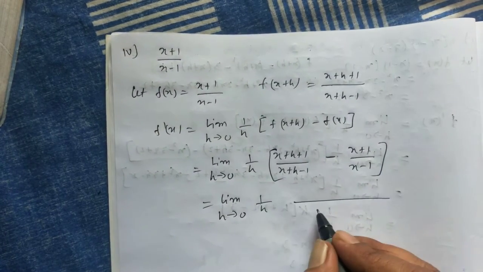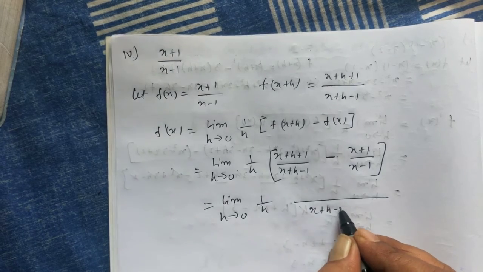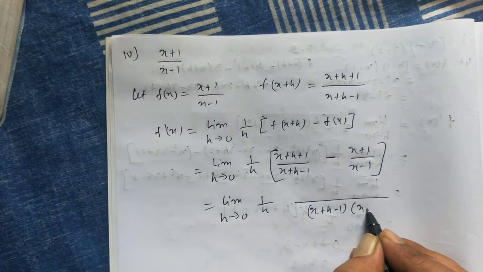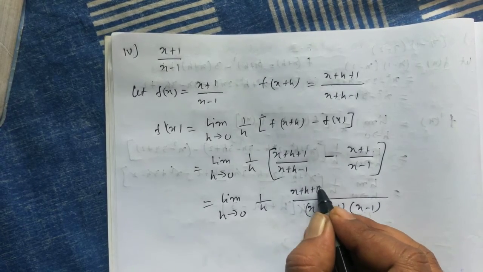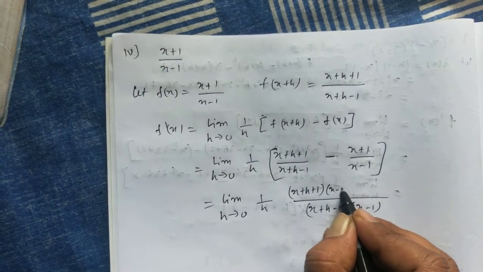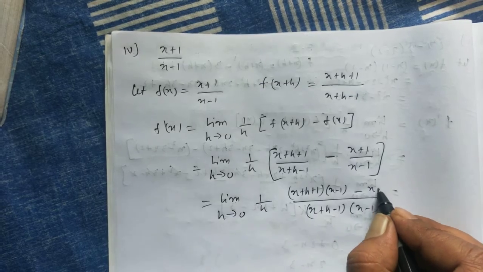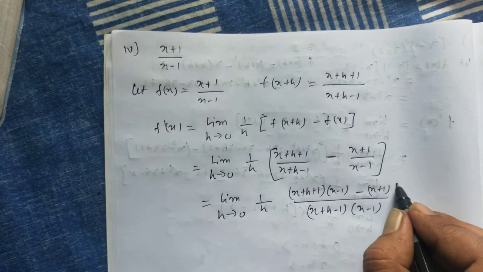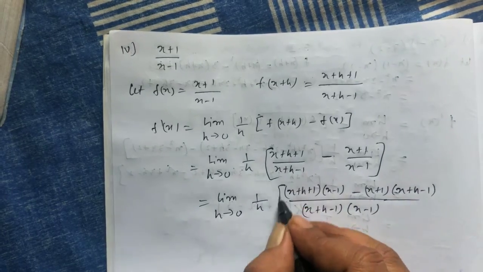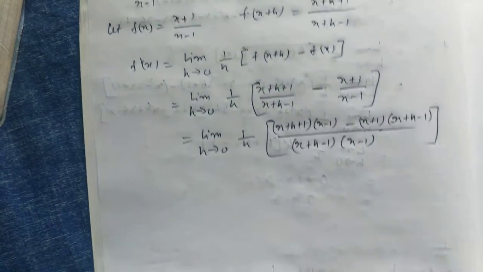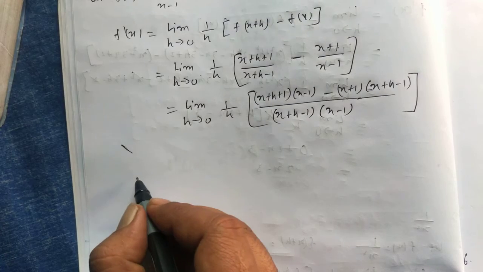Take the LCM, (x - 1)(x + h - 1), cross multiply: (x + h + 1)(x - 1) minus (x + 1)(x + h - 1). No space, I'll do here.